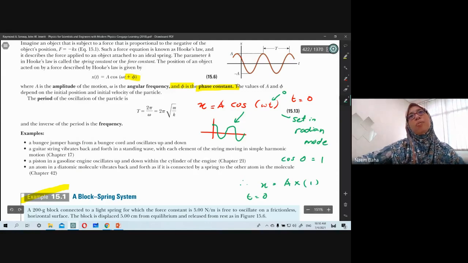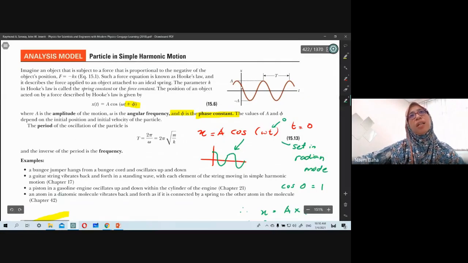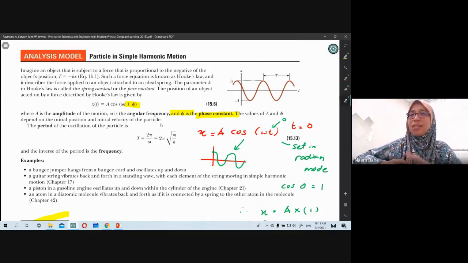Now look at what is given by your textbook. There are cases where an object under simple harmonic motion doesn't straight away start at exactly positive A. It starts somewhere less than that, or at negative A. So in order to remain using this expression, rather than change the expression into sine, because you will notice that there is also an equation for the sinusoidal that becomes sine, the best method is by introducing a correction.